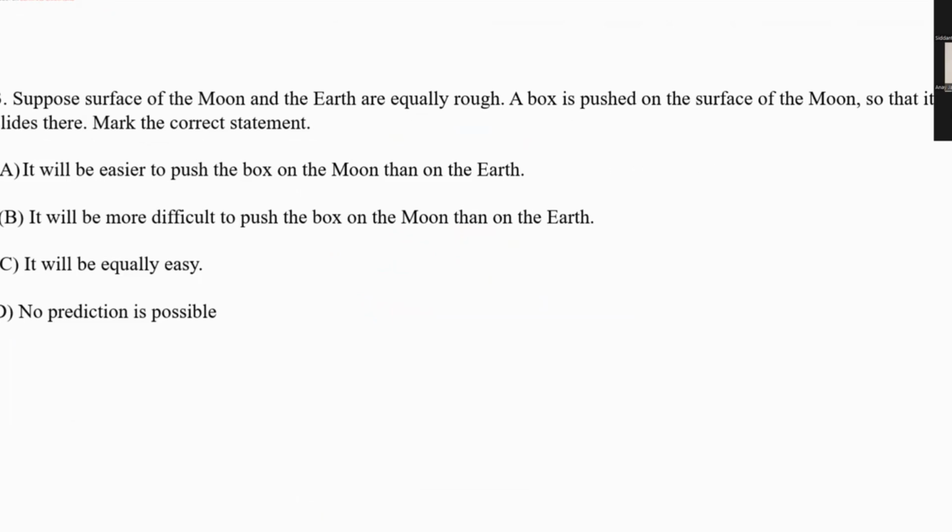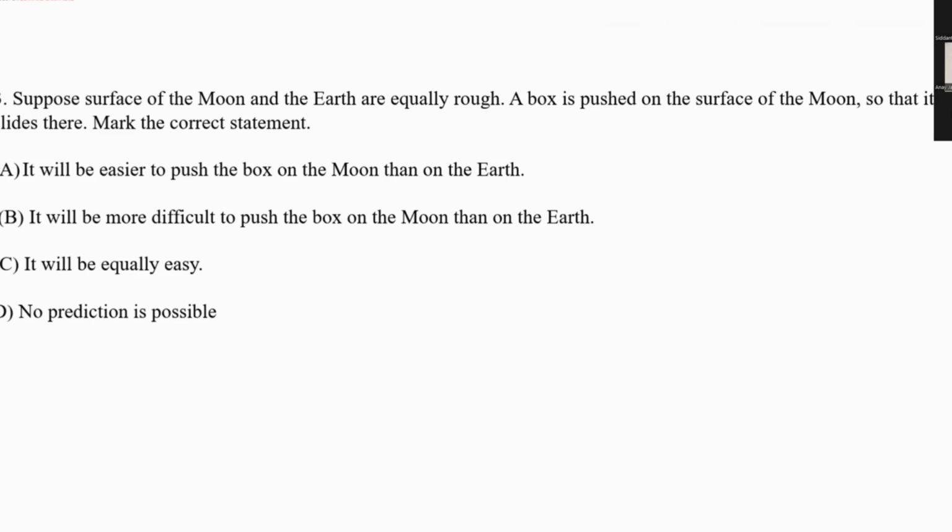Because see, on the moon, the weight decreases to 1/6 due to gravitation. And on Earth, the weight is 6 times more due to gravitation. So if weight is more, the friction is more.